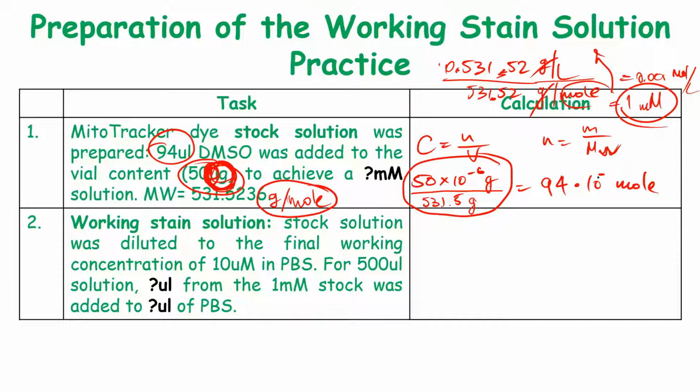So here it's -7, 94 minus 7, 9.4, like this. Okay, so it's 9.4 times 10 to the power of -8 moles. Now you're going to divide it by 94 times 10 to the power of -6, and you're left with 1 millimolar concentration.